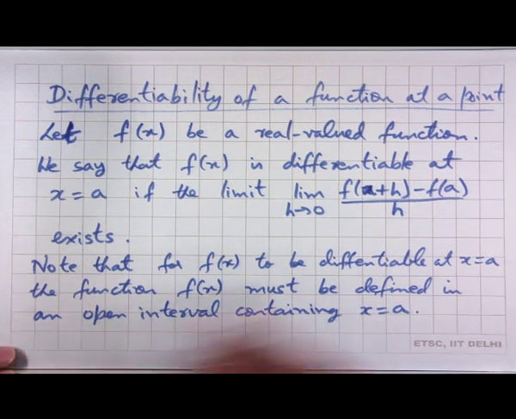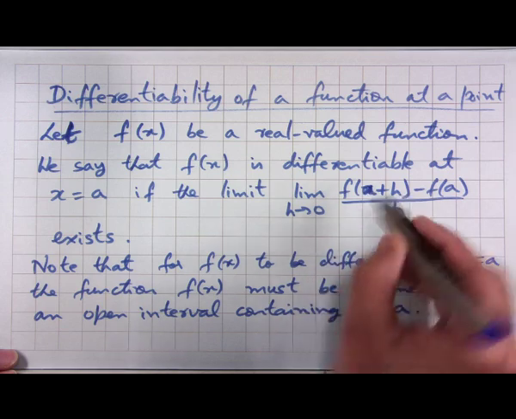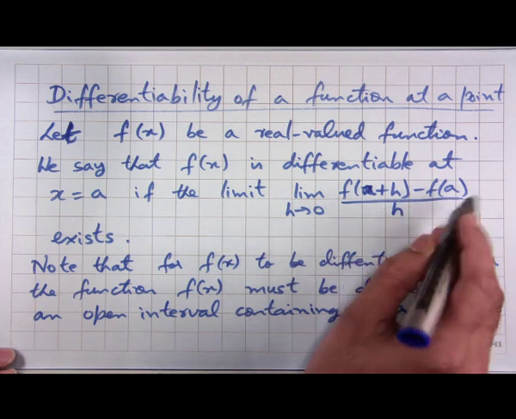This is because, see, we are saying that the limit of f of a plus h minus f of a divided by h, this limit should exist.